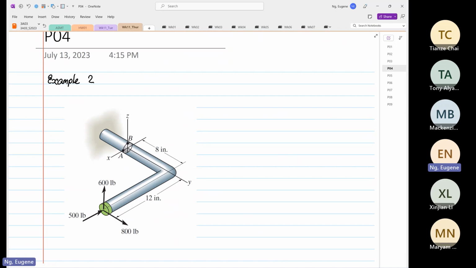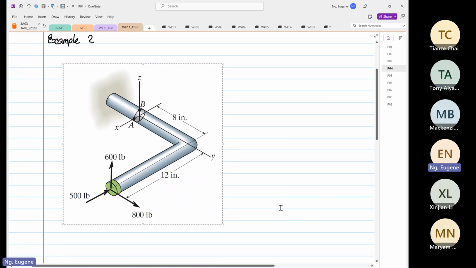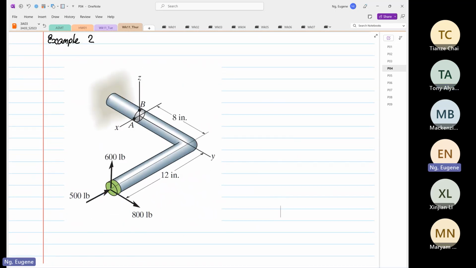Example number 2. You can see how our structure is loaded now. This is not a straightforward loading. The diameter, you don't see that the question asks, I forgot to write out the diameter.